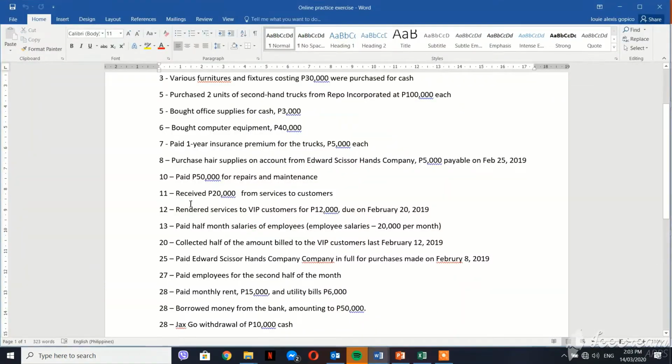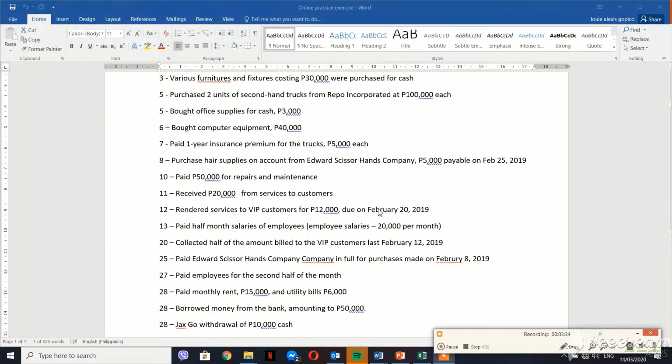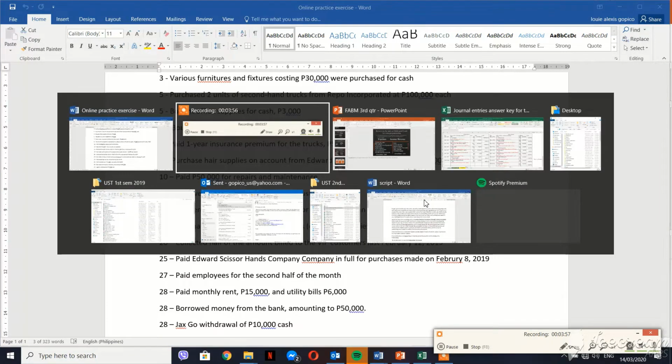On February 12, it is mentioned that we render services on account. Meaning, we render services to VIP customers for 12,000 pesos. Question, did we receive cash? No, we did not. See, it is still due on February 20. So we will receive the cash on February 20. And since we didn't receive cash, what will we debit?